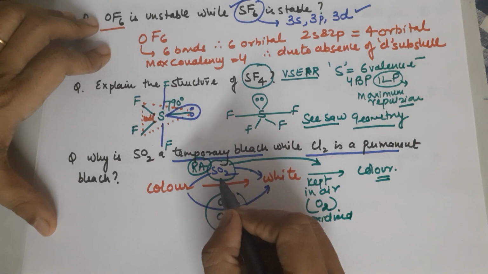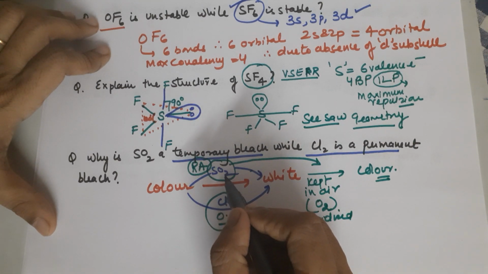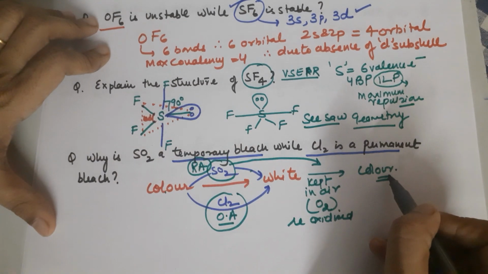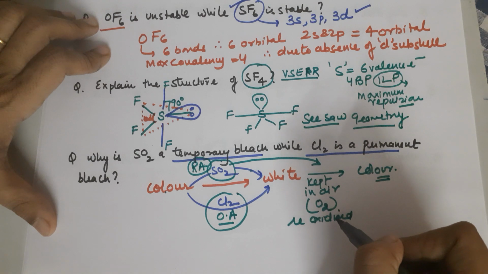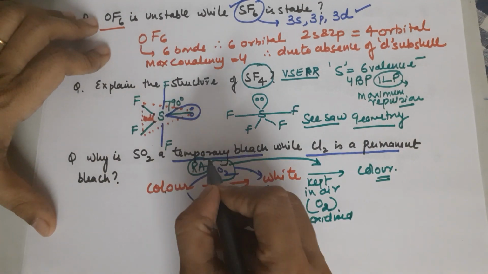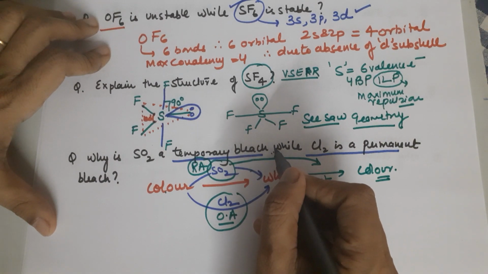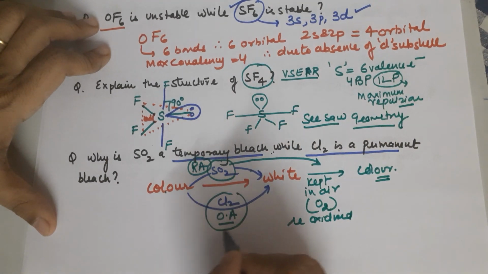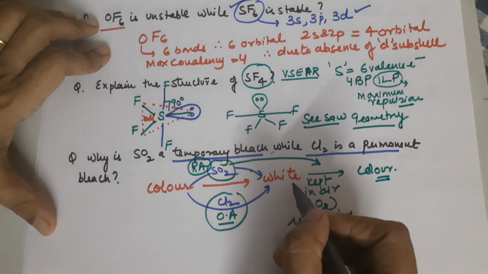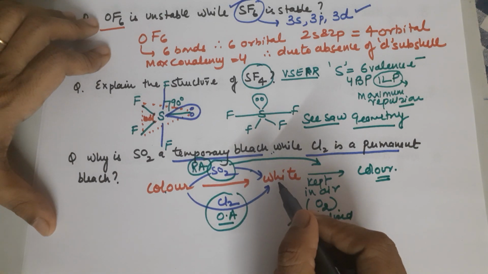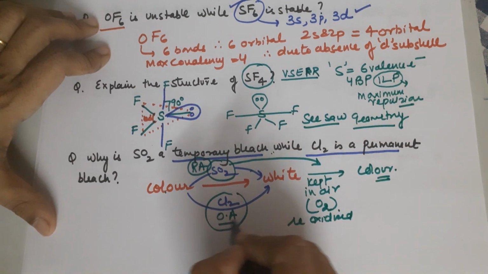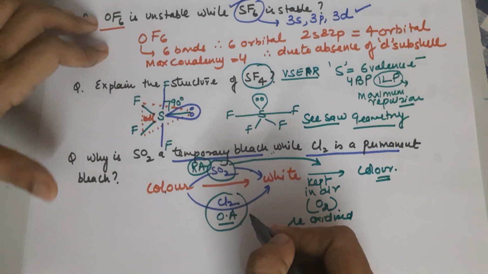So if you are using SO2 as a reducing agent and the color has vanished due to reduction, then the color will be regained due to oxidation. Therefore, we say SO2 is a temporary bleach because it bleaches via reduction, while Cl2 is a permanent bleach because it bleaches via oxidation. The color is lost due to oxidation, and even if you keep this in air, it would still remain white because it has been oxidized already. Fine.